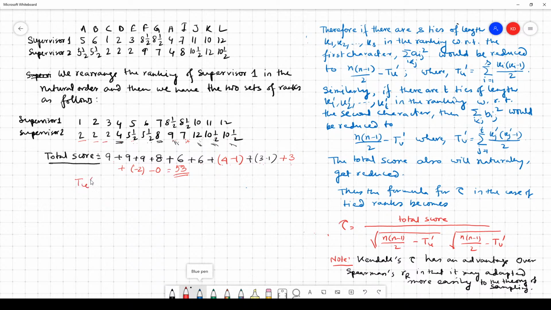Now TU dash, it should be half into, because the TU dash is the total number of summation ki into ki minus 1 by 2. Here one tie occurs of length 2. So TU dash should be half into 2 into 2 minus 1.